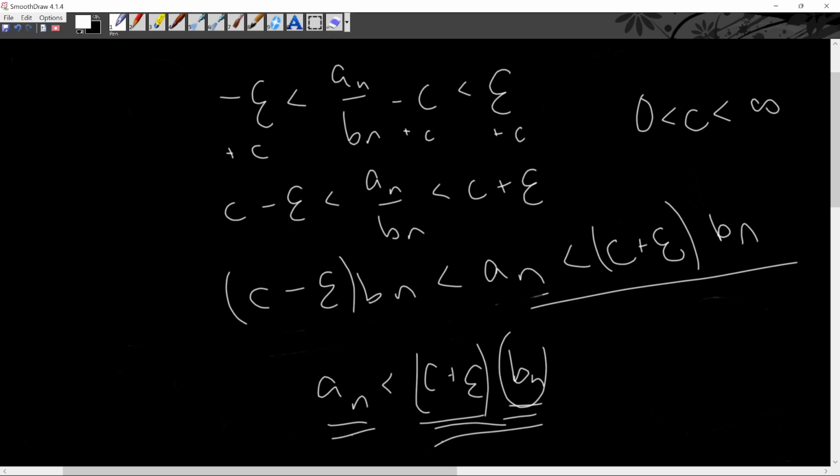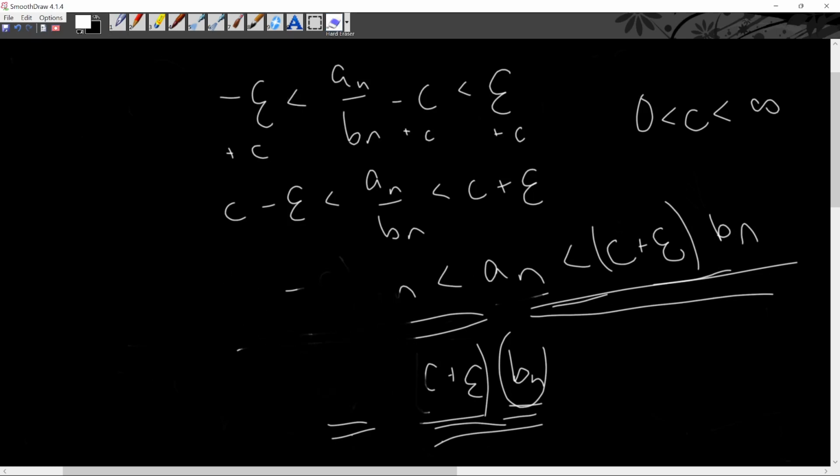So either both of them converge for this inequality, or both of them diverge for this inequality, and the limit comparison test has been proven.